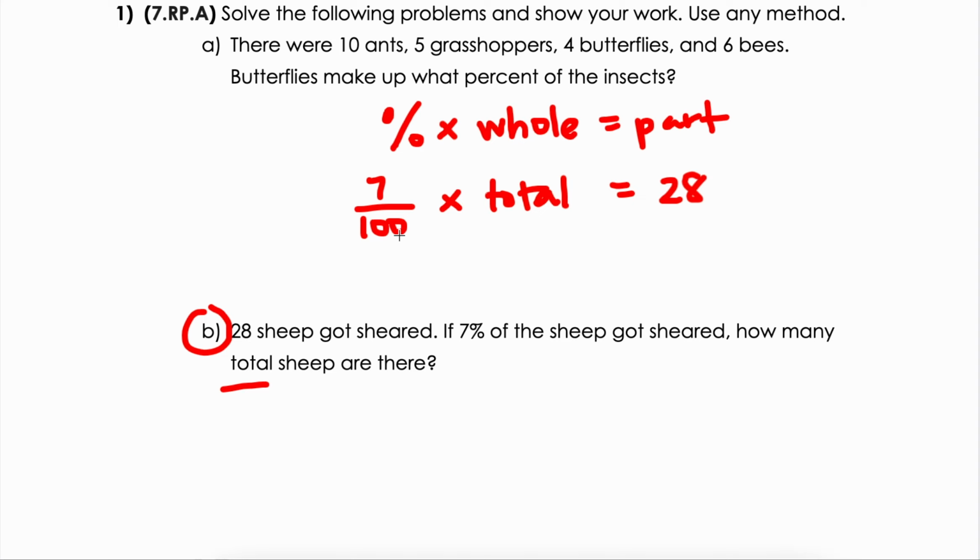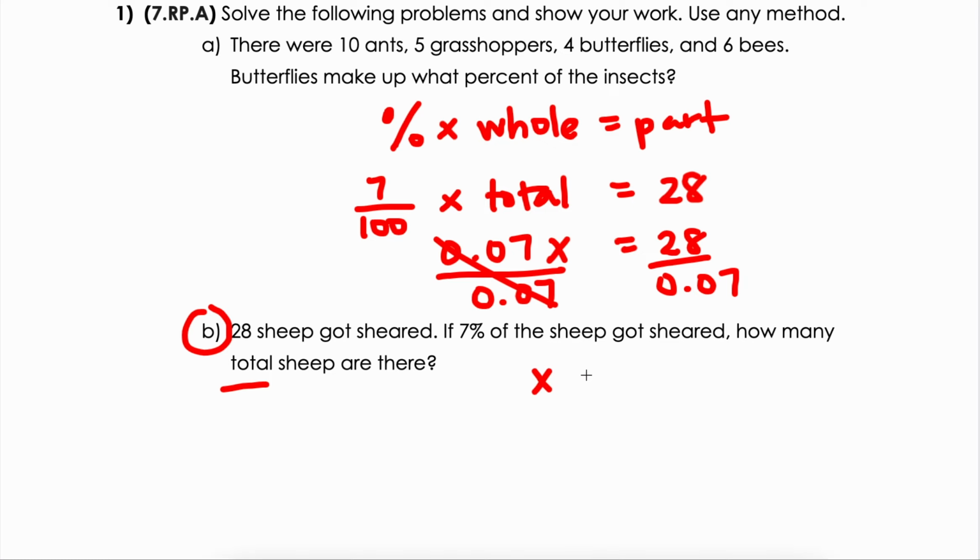So then I have to calculate 7 divided by 100, which is 0.07 as a decimal, multiplied by the total we don't know, so we can call that x, and that equals 28. The opposite operation that I would perform is dividing by 0.07 to both sides.